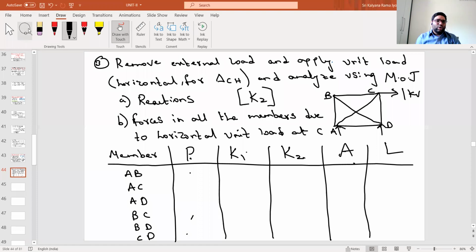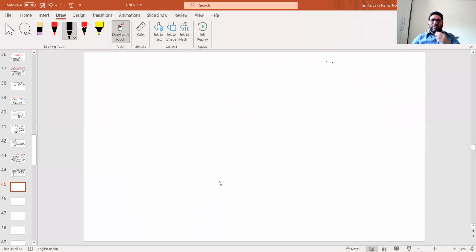If you have some space, you can write here itself, I'm just giving an example, PK1L by AE and PK2L by AE. So what does that mean?